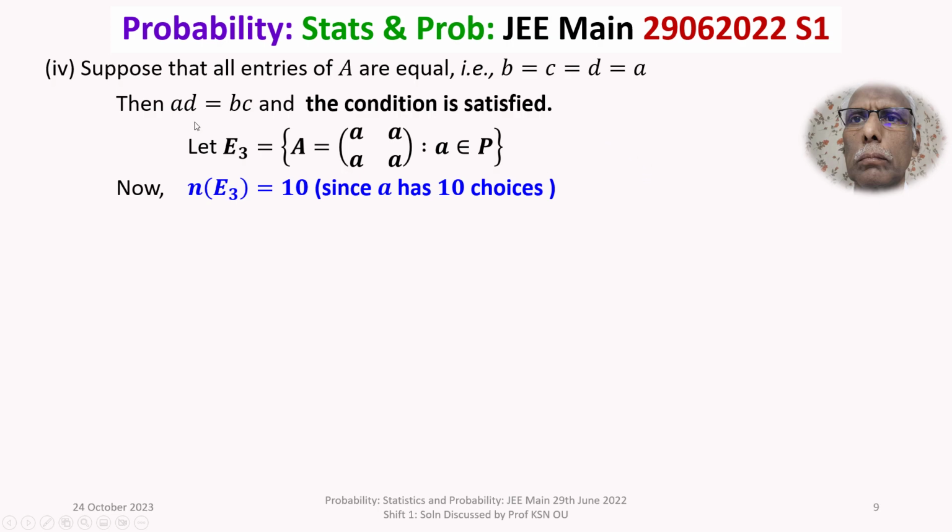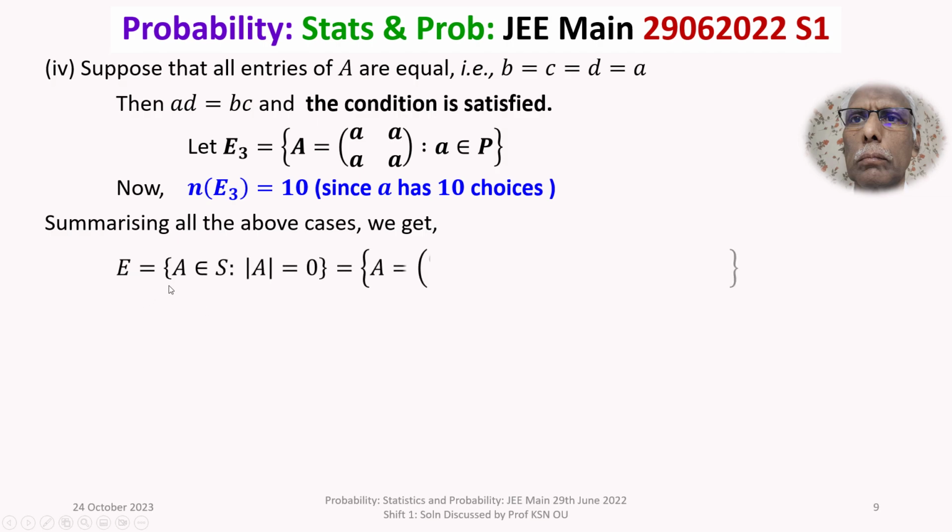So thus all the four cases we have considered. Now summarizing all the above cases, we get E is equal to the set of all A belonging to S such that determinant of A is equal to 0. That is equal to the set of all 2 by 2 matrices A, B, C, D, where A, B, C, D belong to P, and singularity will give you AD is equal to BC. And this is equal to E1 union E2 union E3.